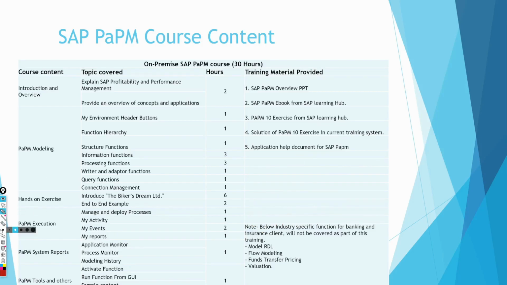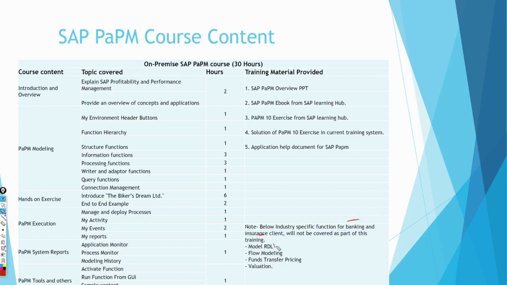PAPM is very vast in nature. It can be applied to any industry. There are certain specific functions in PAPM which are industry specific. For example, banking and insurance businesses use different functions altogether. So there are specific functions given in PAPM for those banking and insurance clients.